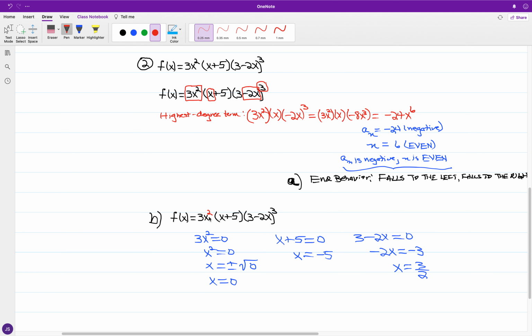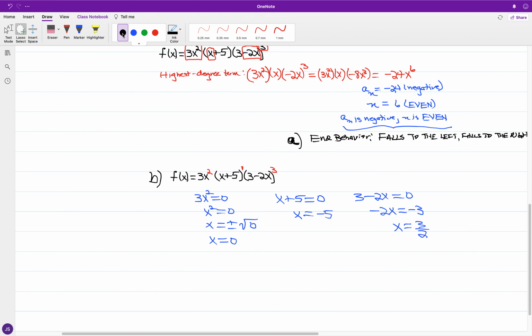We have 3 times x to the second. x plus 5 implicitly is to the first. And 3 minus 2x is raised to the third. So the zeros are 0, negative 5, as well as 3 halves.